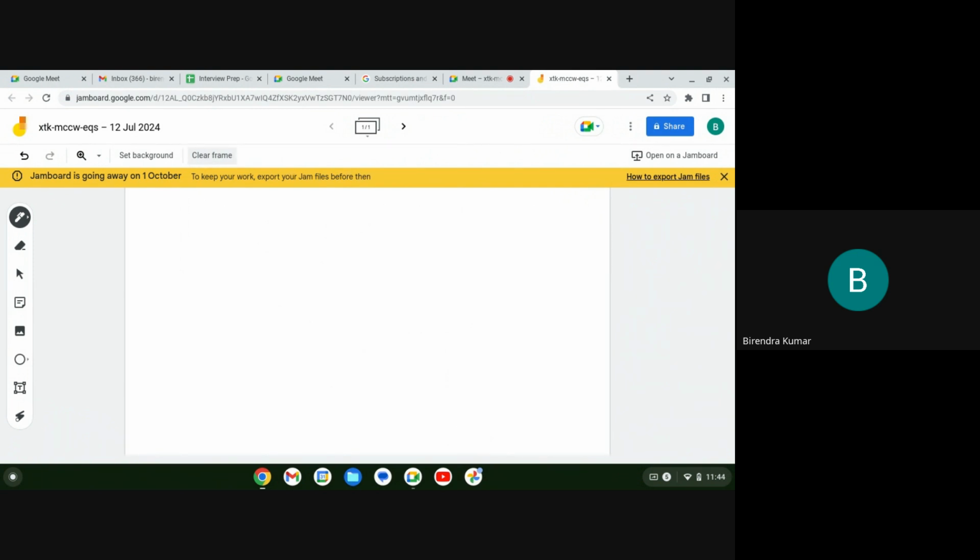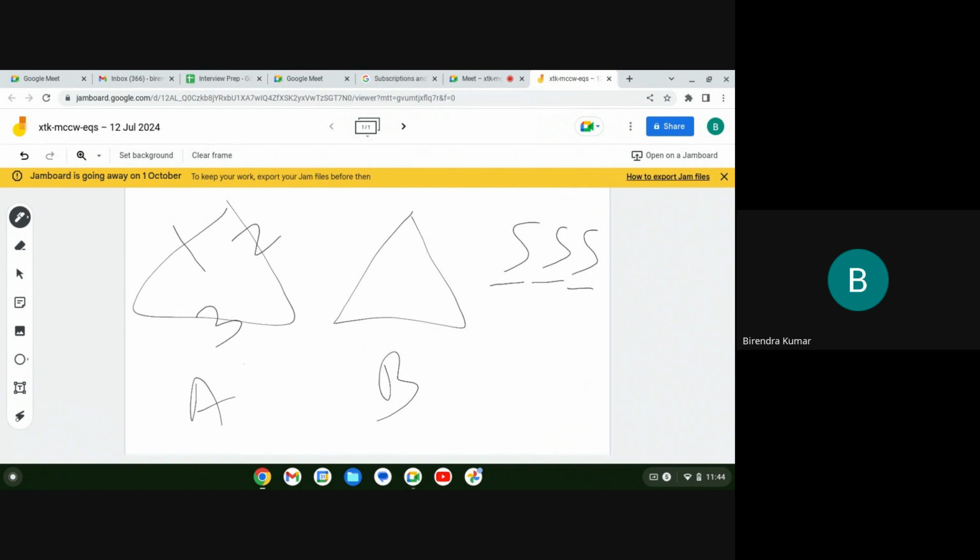What it means is, when we say two triangles are congruent, and the theorem that we apply says if the three sides are the same between the two triangles, meaning let's say this is side 1, this is side 2, and this is side 3, if this triangle and this triangle are congruent, that means there'll be one side which will be the same as 1, one side which will be the same as 2, and one side which will be the same as 3.